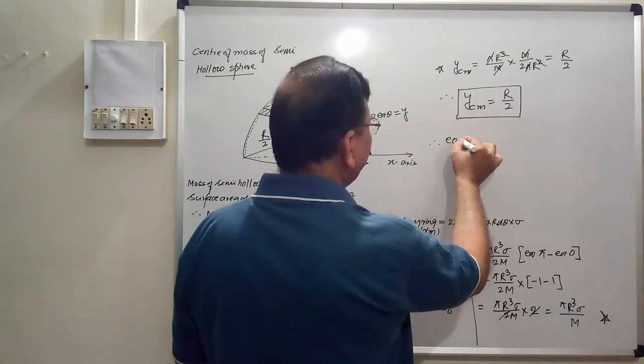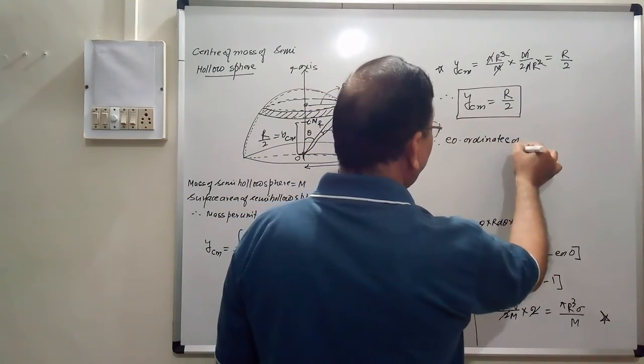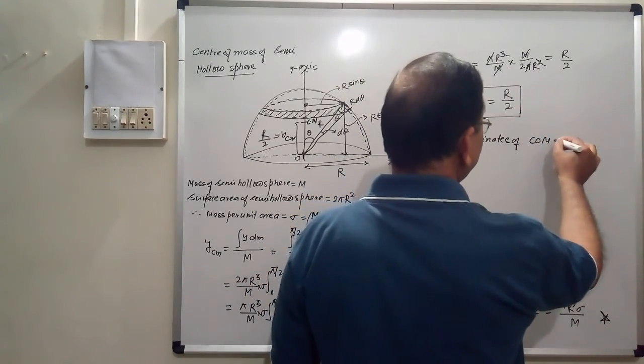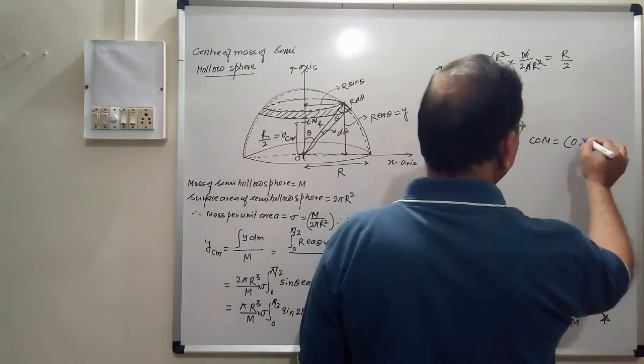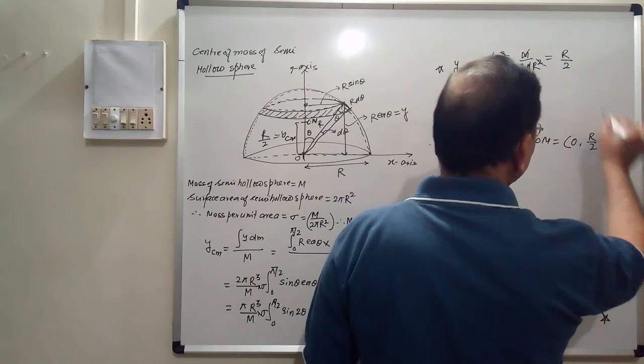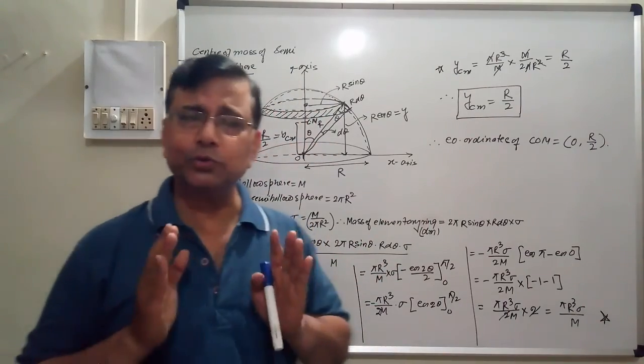Therefore, I will write coordinates of center of mass: x coordinate will be 0 and y coordinate will be r by 2. So this is the center of mass and is very important and you should know.